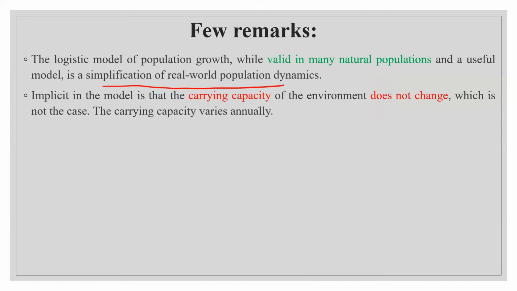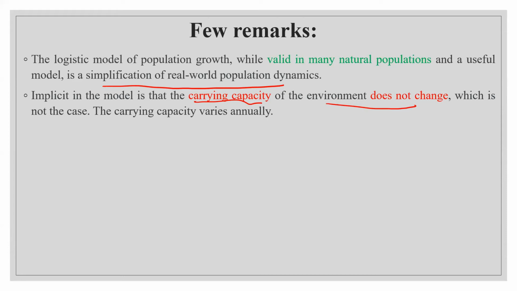And also we consider the carrying capacity to be fixed, that it doesn't change. But some animals have a fluctuating carrying capacity, like in winters they cannot survive, in summers they can survive, and vice versa. Some populations have more carrying capacity in summer, less in winter, and some have more in winter, less in summer, right?